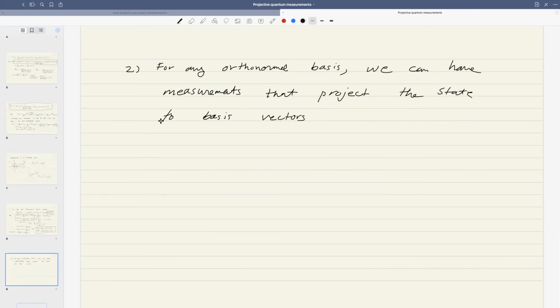So again, the result of the measurement in the computational basis, in the original basis, was that this state got projected either to 0, if we get 0, or to 1, if we find sigma equal 1.